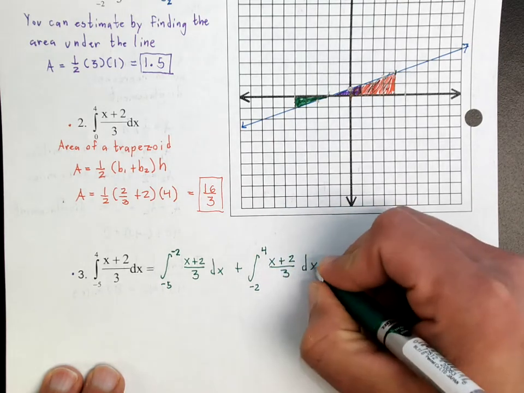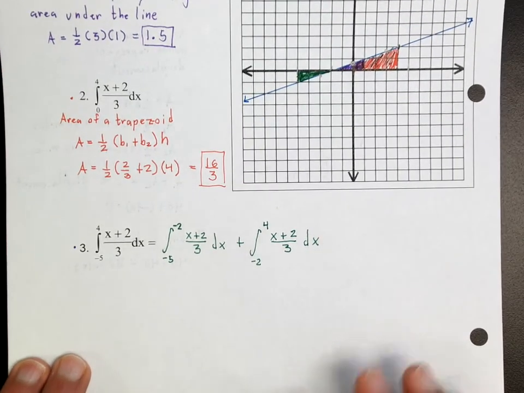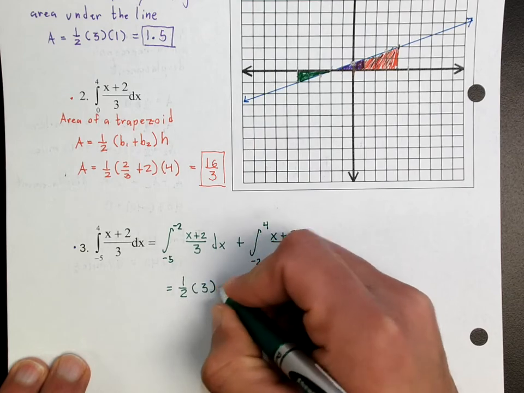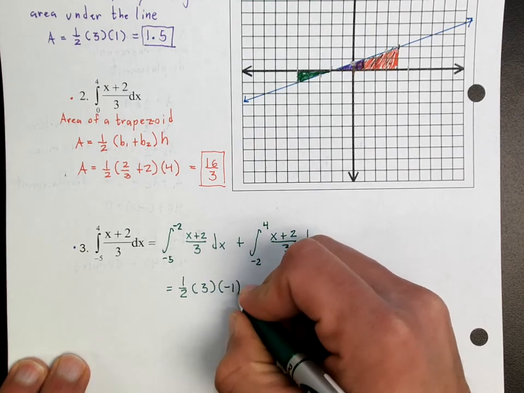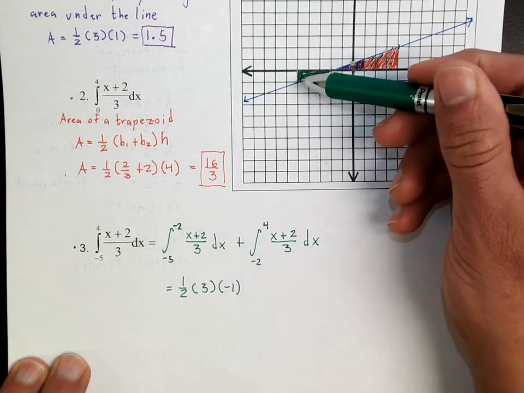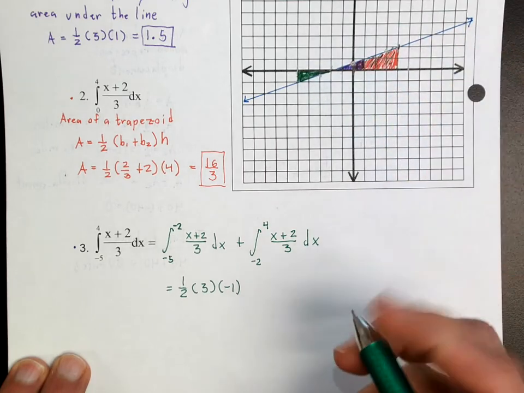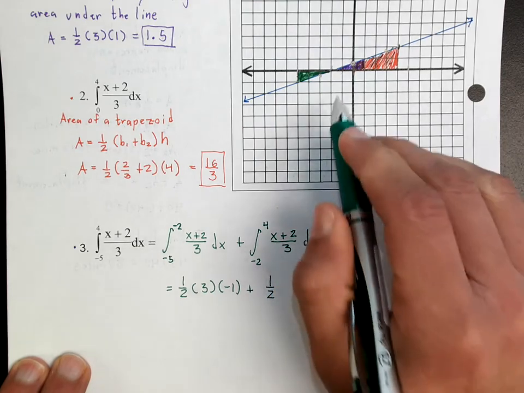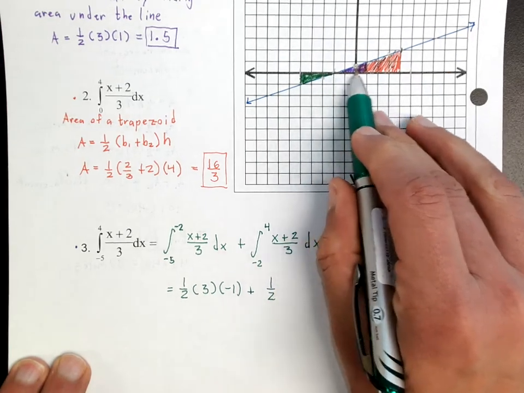That'll be quick. Okay, so this one's going to be equal to 1/2 times 3 times -1. Now remember, I just put -1 because the height would be -1 right here. Okay, plus 1/2. Now this other triangle is this triangle from here all the way to here, right?